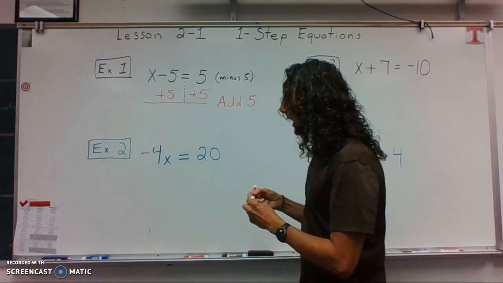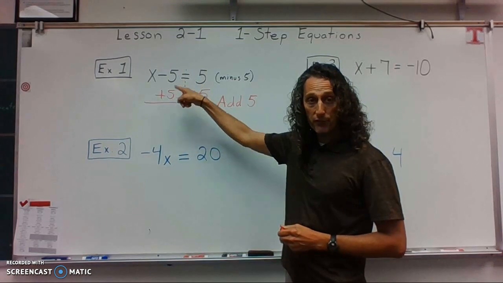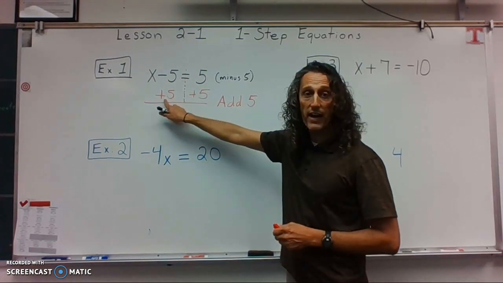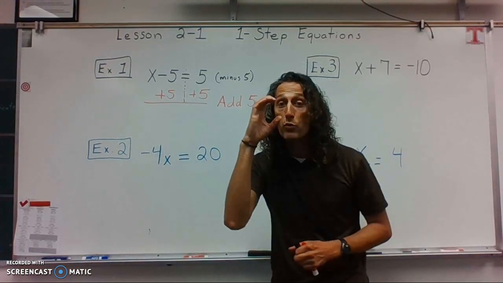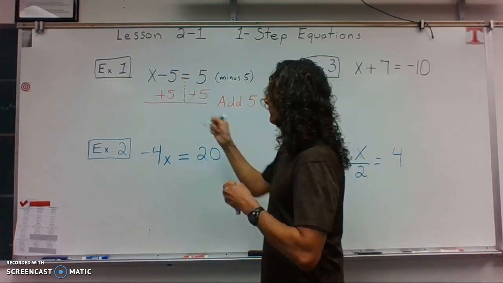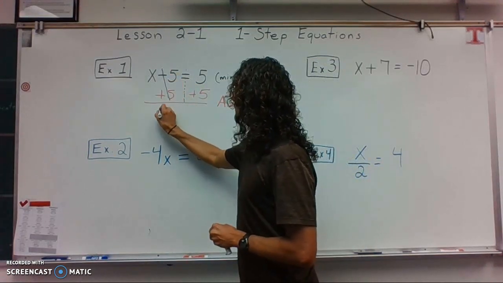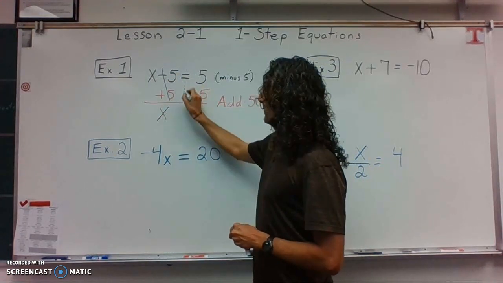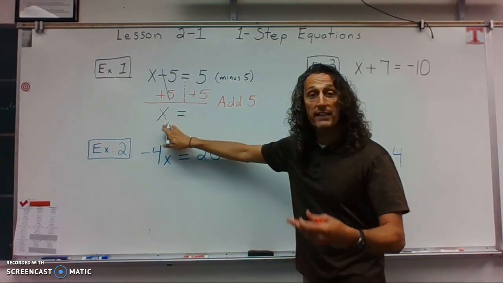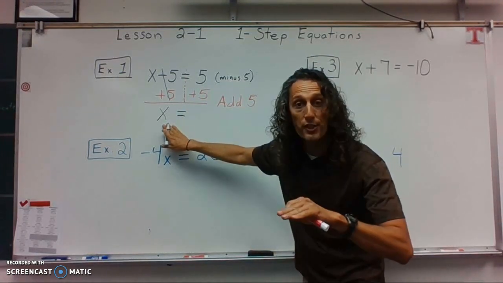Now, why do we use the inverse of the opposites? Because a minus 5 and a plus 5 make 0, right? 0. So these cancel out. The x falls down. Now we can put down our equal sign. Is the x isolated? Is it by itself? If it is, you're done.